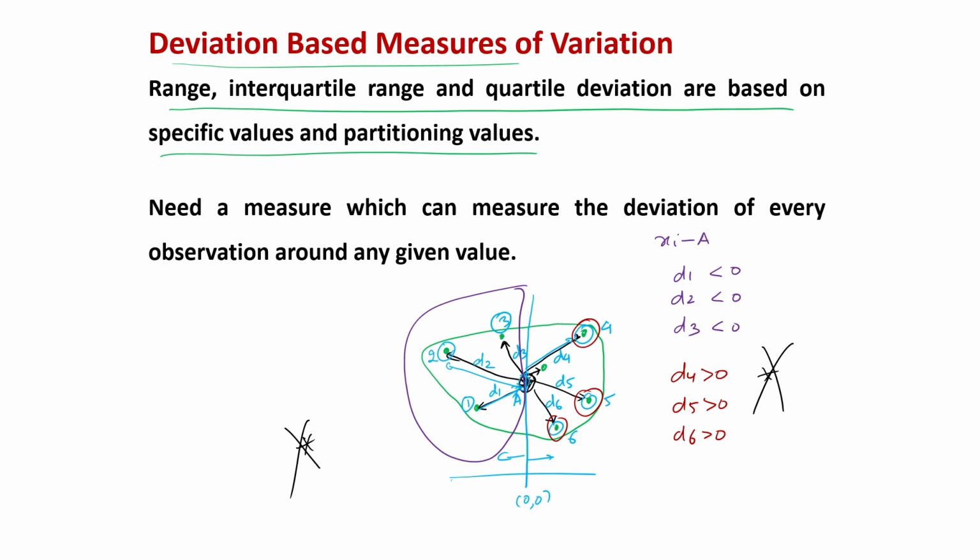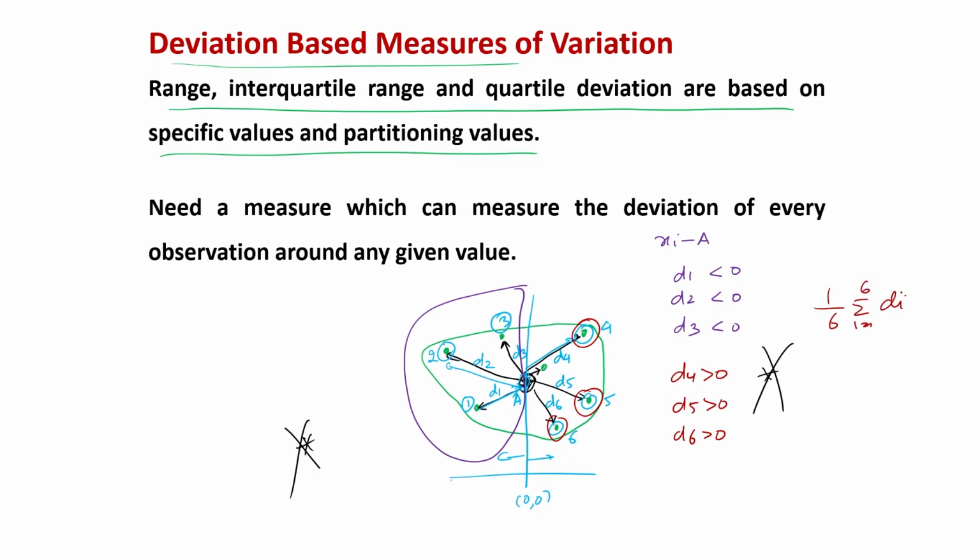So, now in case you try to consider all these deviations, all the data points contributing to developing a measure, then one option is that I can take the arithmetic mean of these 6 data points, the sum of di for i going from 1 to 6.